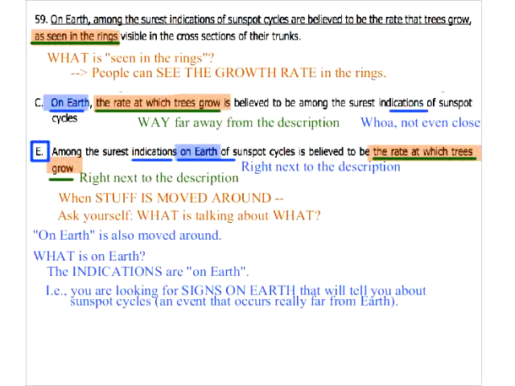Okay, let me point out one more thing here. Seeing actually nailed this one, so I'm just going to quote from Seeing here. I hope I'm pronouncing that right. This is a different issue, but as long as we're on this problem, we might as well talk about it.